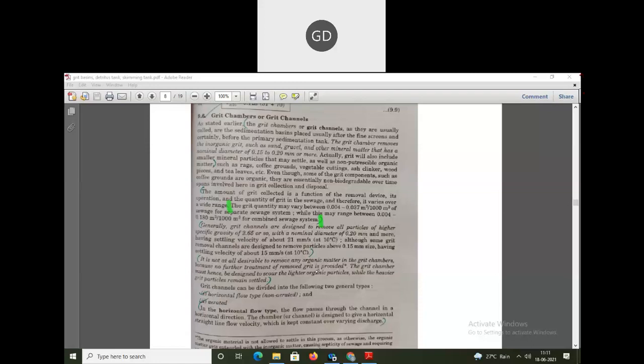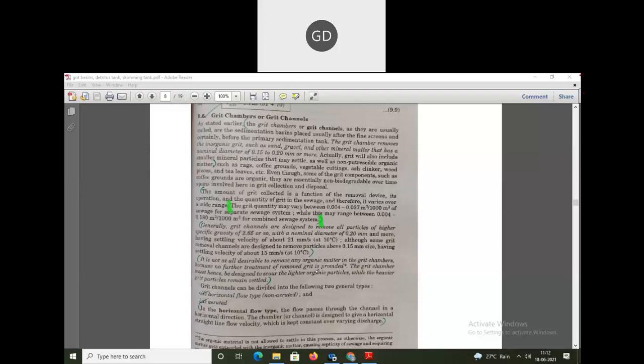So this is the minimum consideration for a particle size for a grit chamber to be designed. If you are designing a grit chamber, the particle should have a specific gravity greater than 2.65, a nominal diameter of 0.20 mm, and a settling velocity of about 21 millimeter per second at 10 degree Celsius.